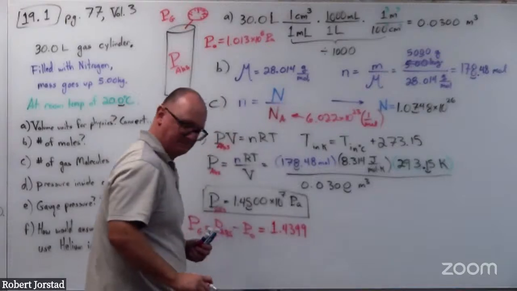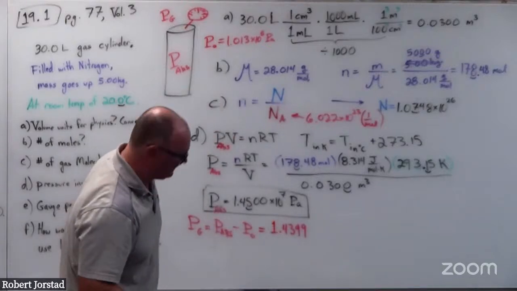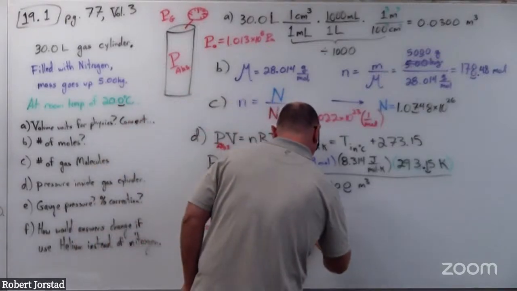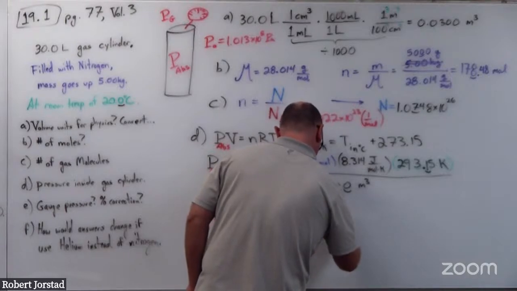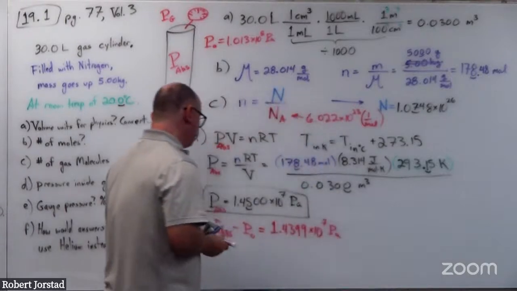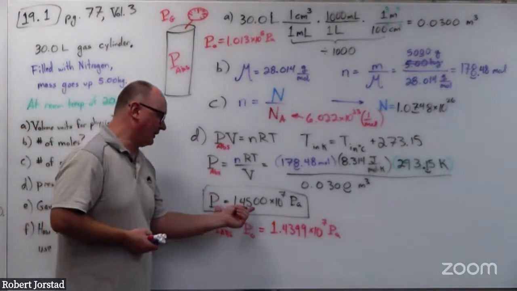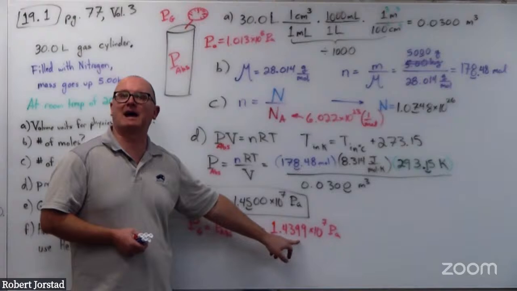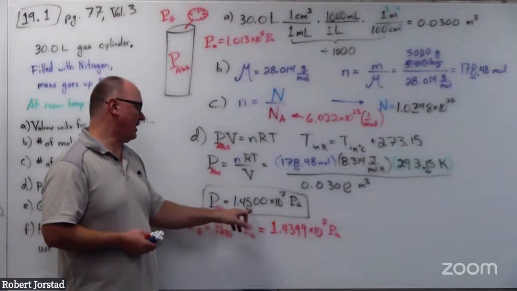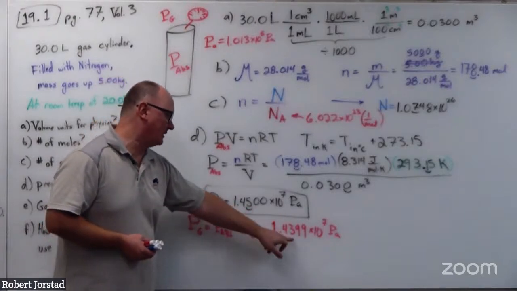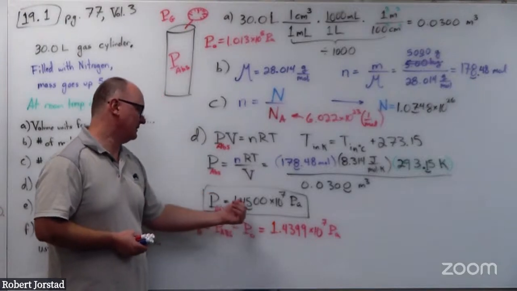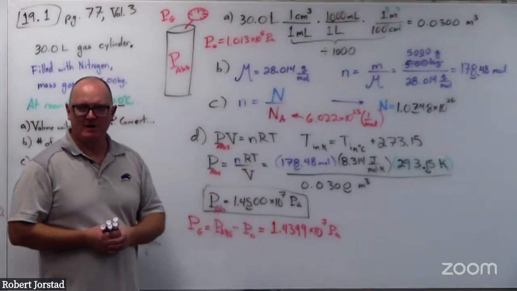Is that right? So notice, if you have this much pressure, the gauge is actually only going to read that much. But notice it's off by 1 in the third sig fig.